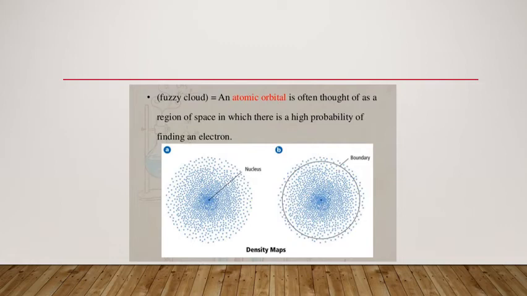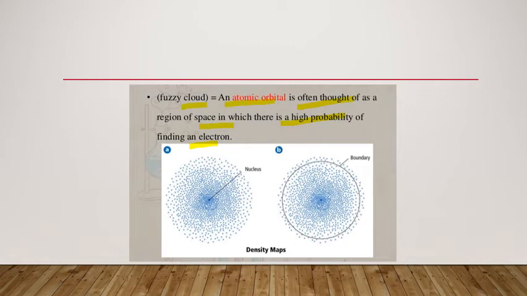The fuzzy cloud, which is described as an atomic orbital, is often thought of as a region of space in which there is a high probability of finding an electron. You can see here the density-wise picture of the atomic orbital.